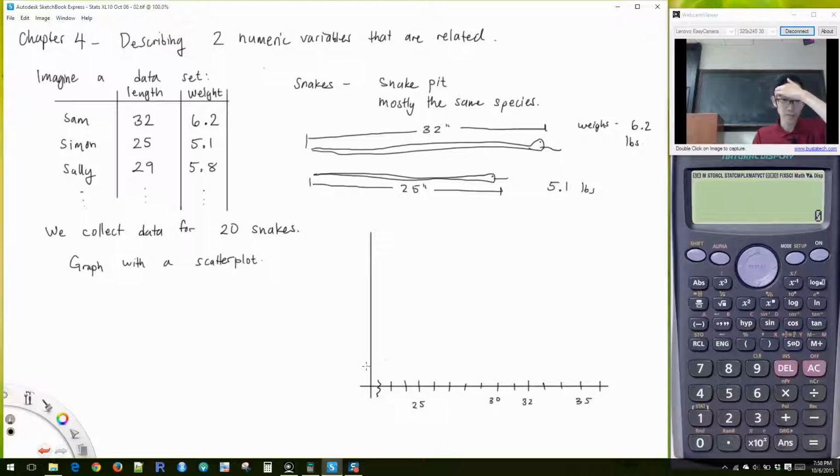And then over here, I'm going to have maybe 4.0, with each tick mark being 4.2, 4.4, 4.6, 5.0.